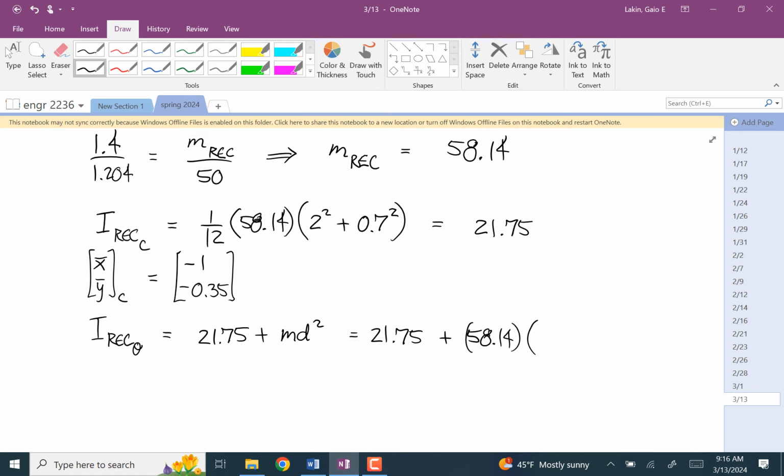Okay, so in order to use the parallel axis theorem, we're going to have to know the distance squared from the center of the rectangle to that origin, right? Well, since we have the coordinates of the center of the rectangle, that distance squared is just going to be -1 squared plus -0.35 squared.